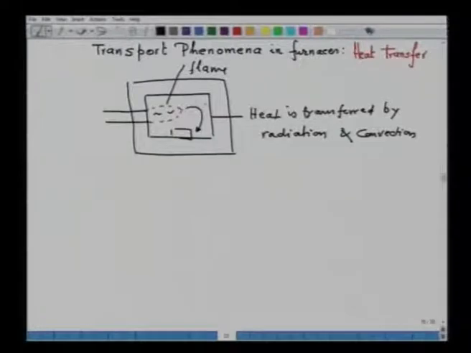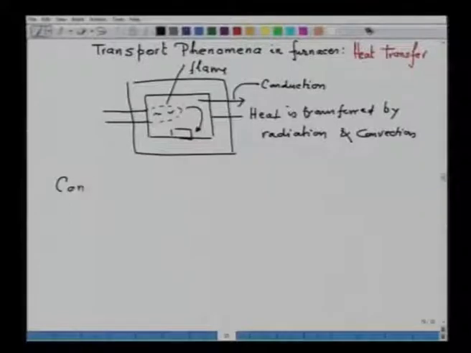Similarly, part of the heat is also transferred through the refractory lining and to the surrounding. So, this particular transfer of heat from the combustion chamber to the surrounding is by conduction. So, an efficient design of a furnace requires a fairly good knowledge of the heat transfer mechanisms.